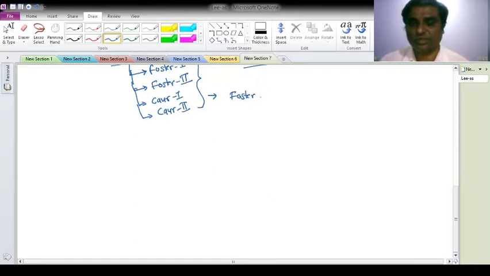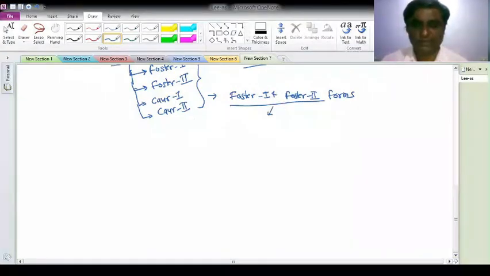Here we will see both the things, Foster 1 and Foster 2. So to start with, let us synthesize the above network. Let me write it again one more time.